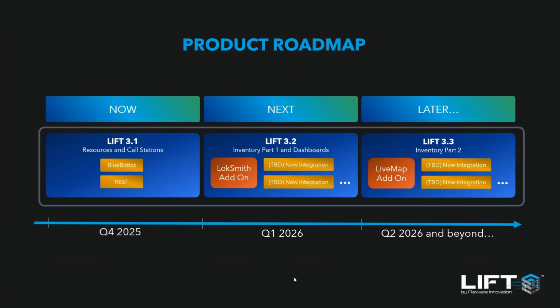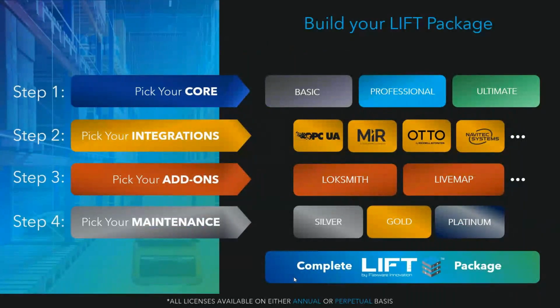So finally, we've talked about what Lyft is, we've talked about what's coming next, and let's talk about how you can get Lyft in your facility. So Lyft is an individually licensed software package. We've got a few different license tiers, and then the integrations, add-ons, and maintenance are all sold separately. So first step is to pick your core license, whether that be our basic, professional, or ultimate license.